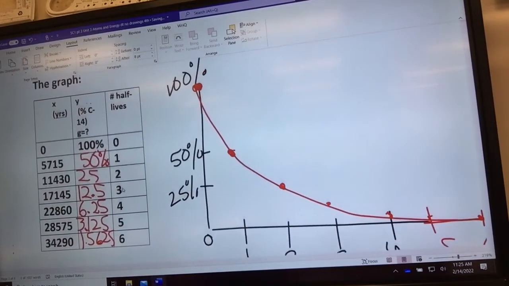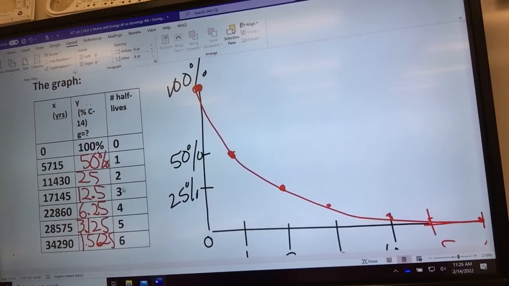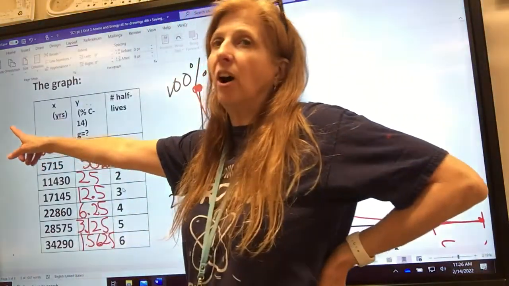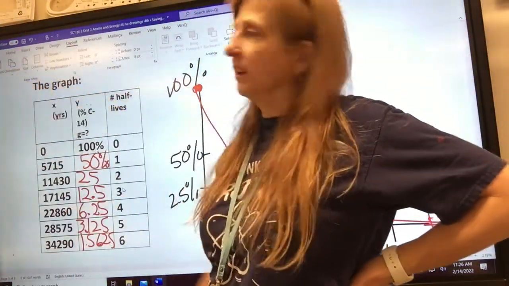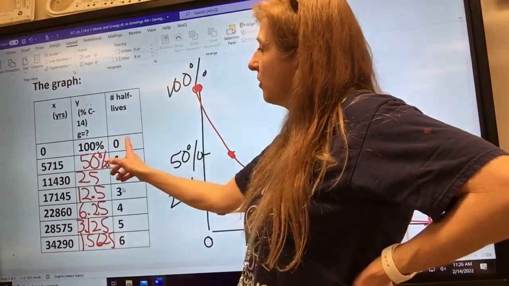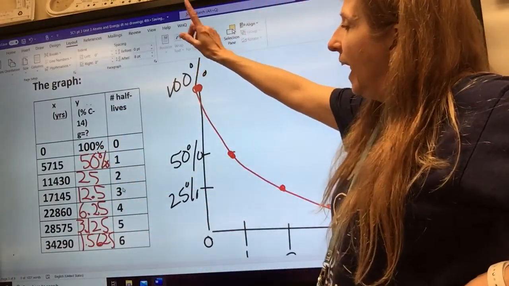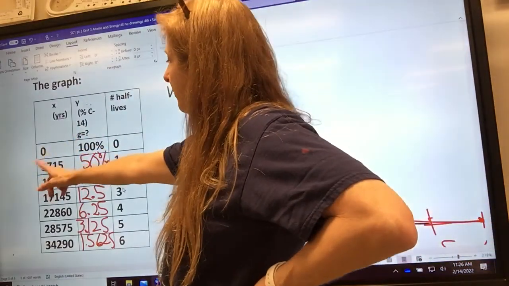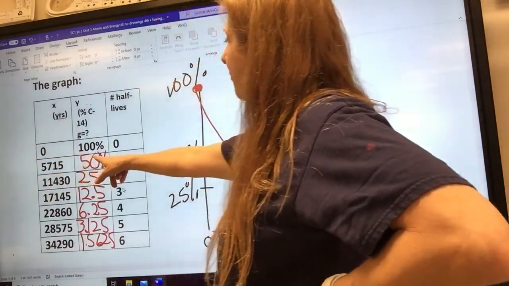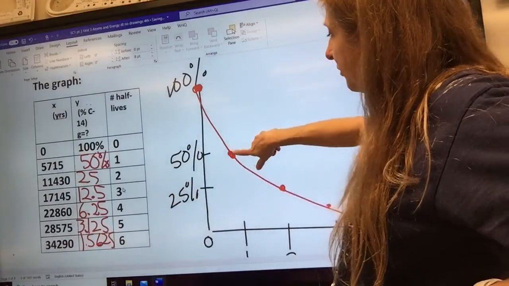Okay, so you start off with 100% of your carbon sample. It's all one thing. And it has undergone no half-lives. So you start off at 100%. After 5,715 years, half of it will turn into something else.